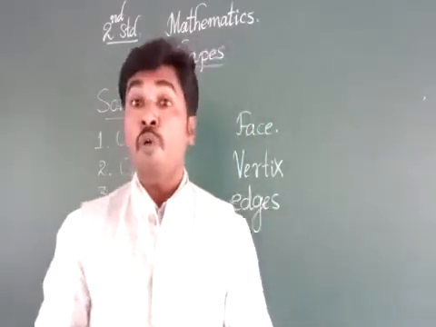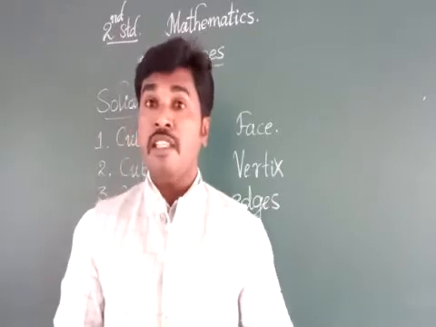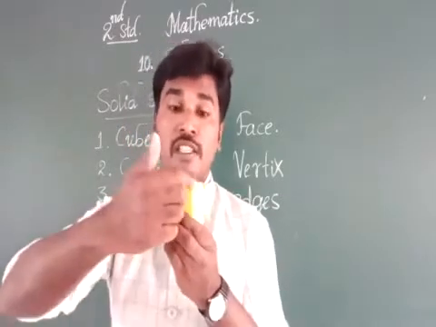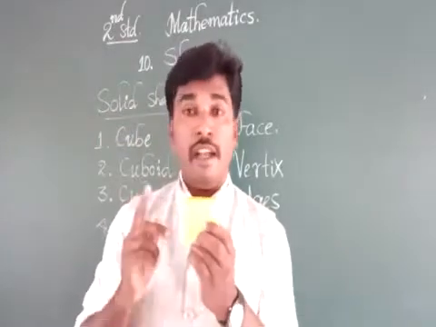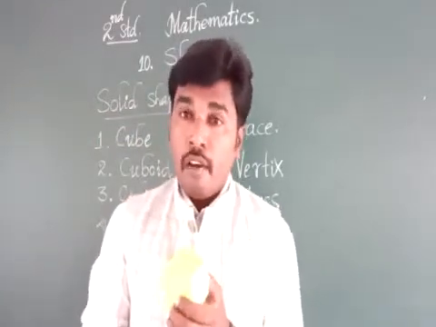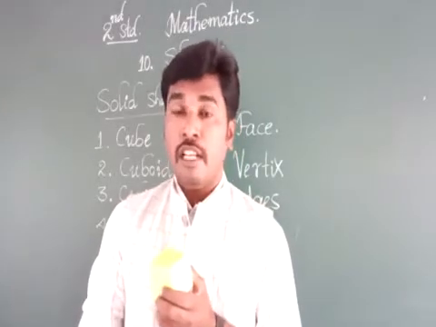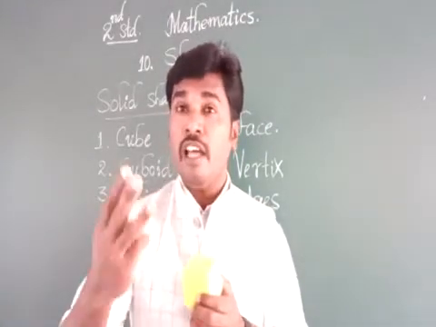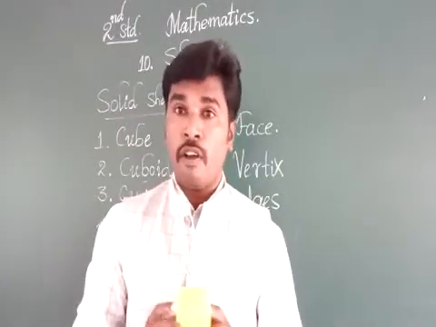Next you come to vertex. What is meant by vertex? Vertex means the corners. These are the corners. So you observe in the triangle, square and rectangle, how many corners are you finding? In the triangle there are 3 corners. In the square and rectangle there are 4 corners.